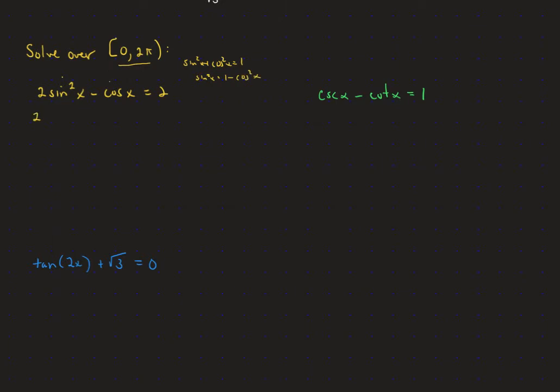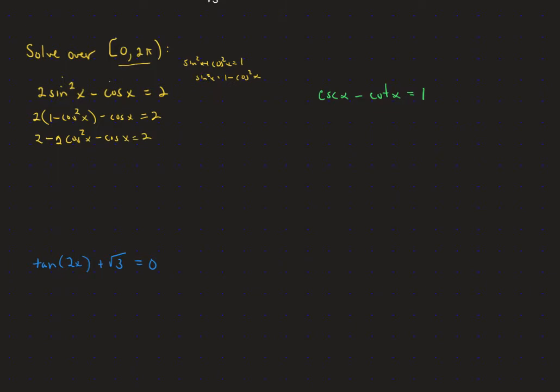So we will replace the sine squared by 1 minus cosine squared x so that we can make this equation have only cosines. So we'll distribute, and that's going to become 2 minus 2 cosine squared x minus cosine x equal to 2. We're going to try to factor this ultimately.